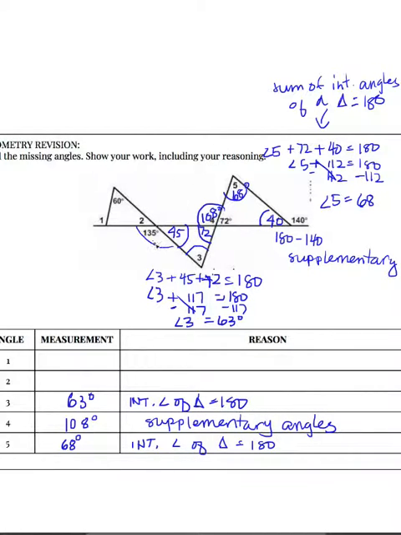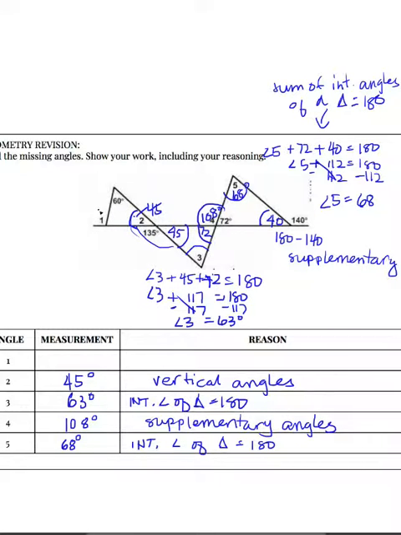Now since I know this is 45, I can say that this is 45 as well. 45 degrees because they are vertical angles. And vertical angles are equal. Or you can say it's 45 because these two are supplementary angles and they total 180. So this one you can solve two ways.